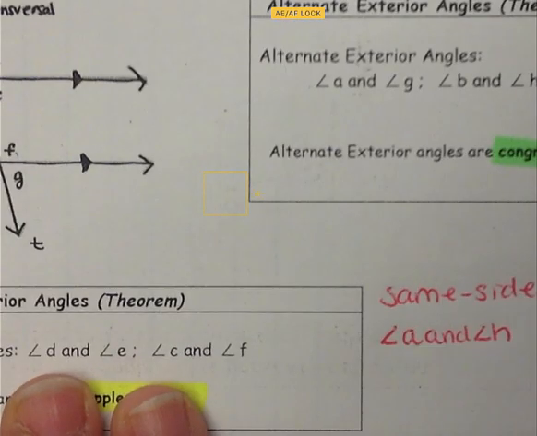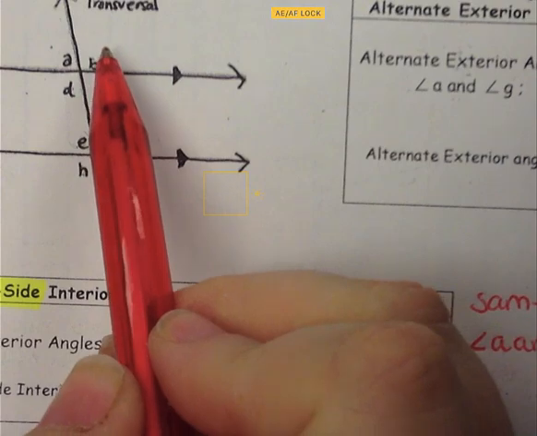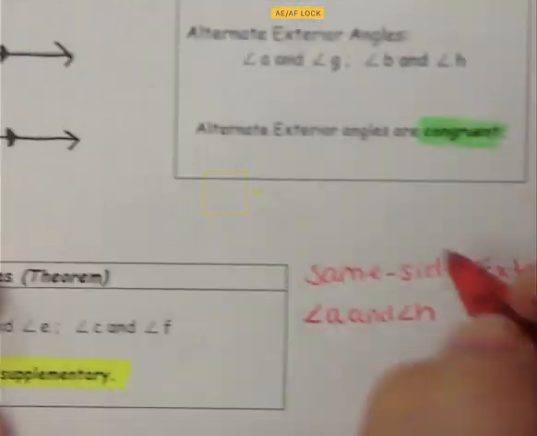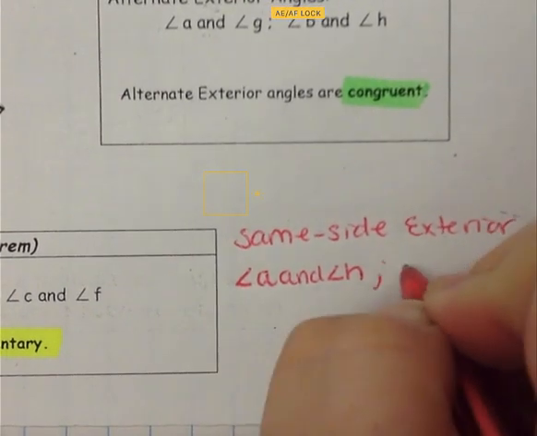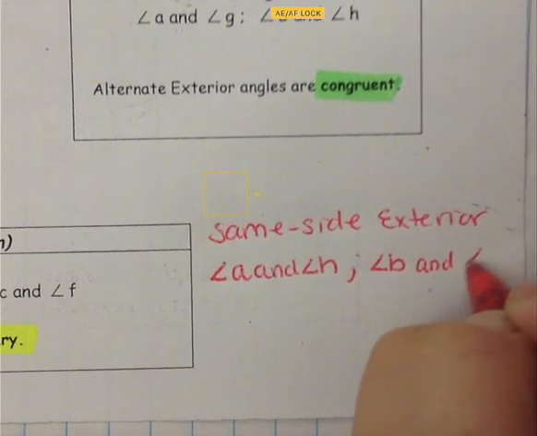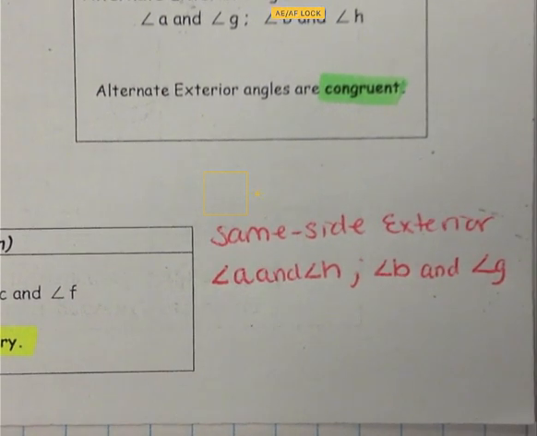If we find the other one, we would have angle B and angle G, because they are both on the outside of the parallel lines. So we can say angle B and angle G. And again, the question is, what is the numerical relationship?